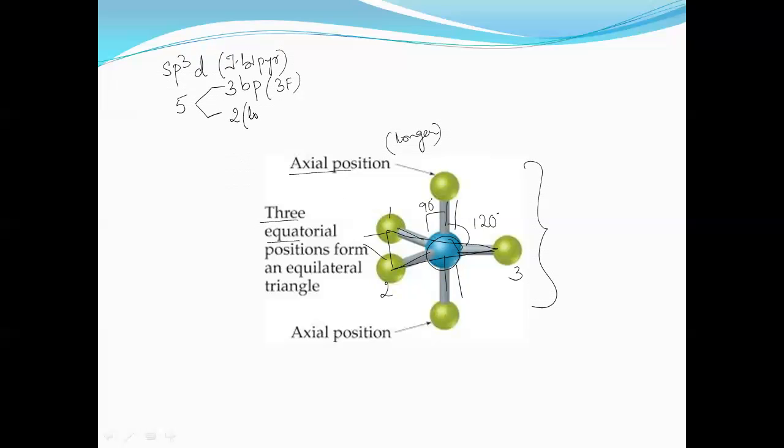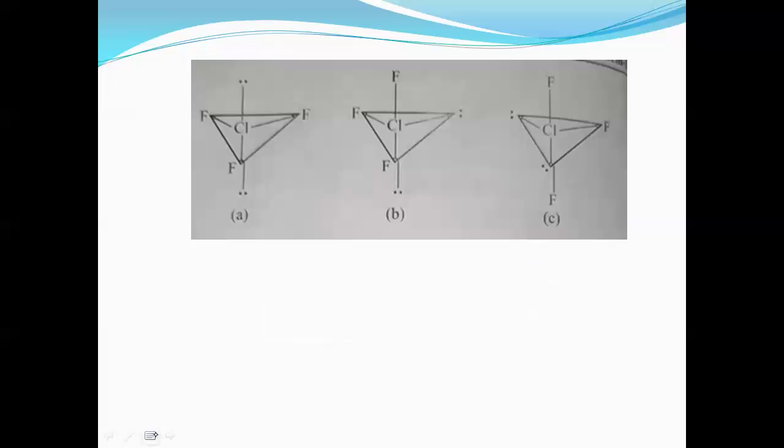The question arises where these lone pairs are to be placed, at the axial positions or at the equatorial positions. Let's discuss that, as it completes the shape of the molecule.